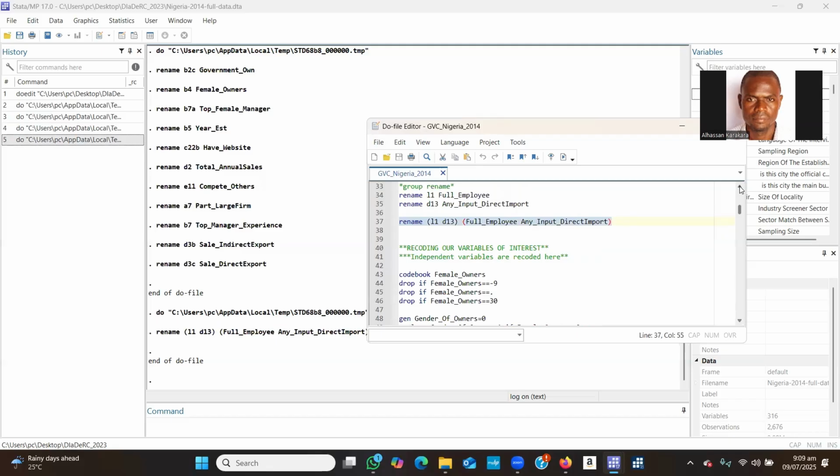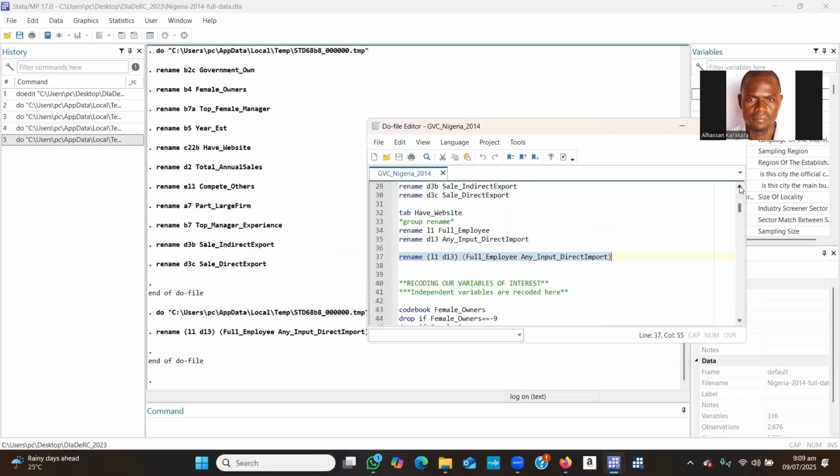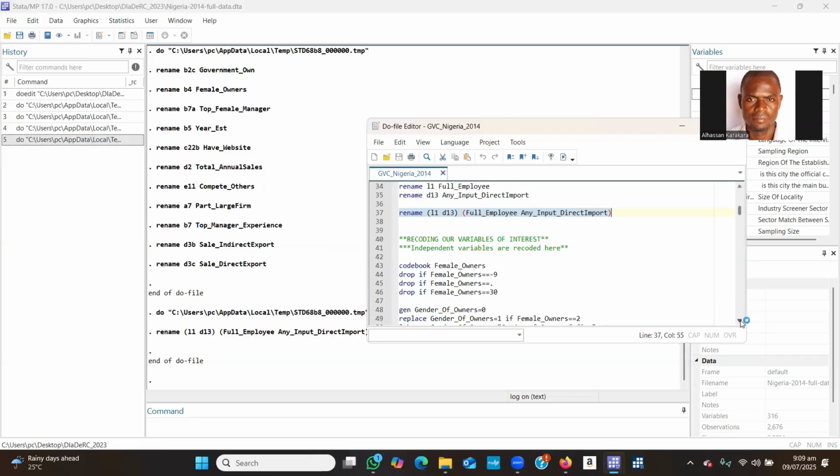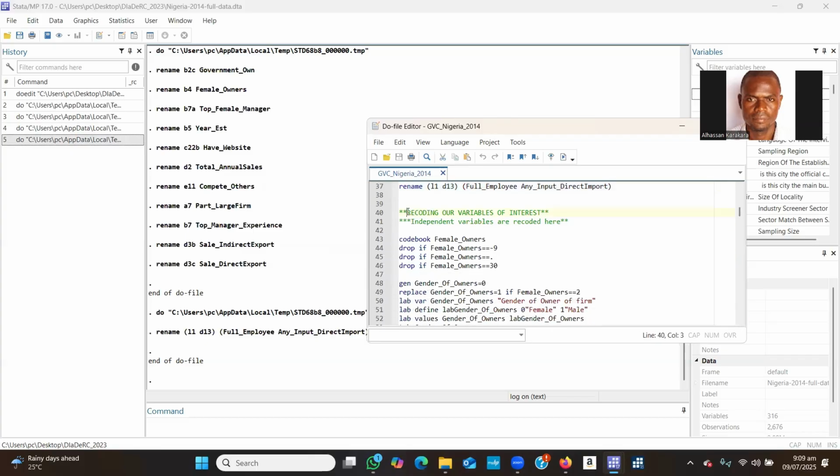After renaming your variables, to help you easily identify how your variables are captured by names, the next step is to recode your variables of interest. And in recoding your variables of interest, there are two basic things you should know. One is to look for the codebook. The codebook will show you how the variables have been coded.